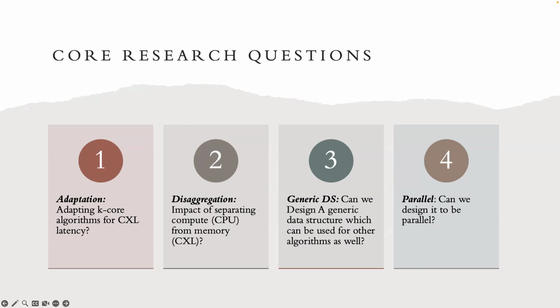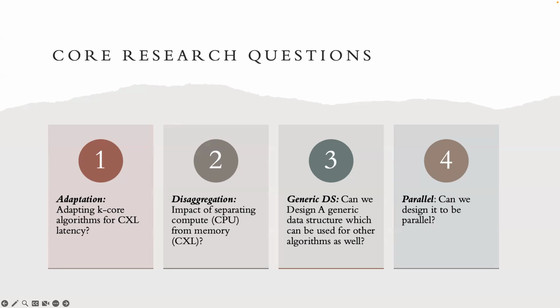And then we will see if we can come up with a generic data structure which might be usable in future implementations of other graph algorithms which might use the persistent memory. What kind of data structure?